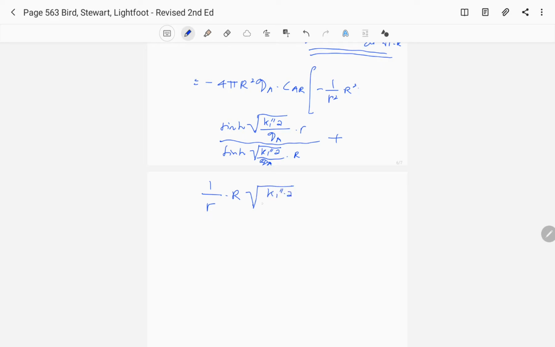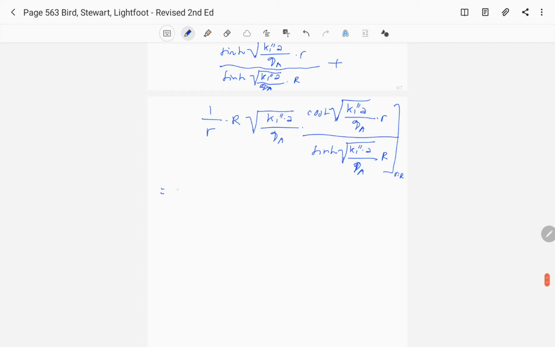K1 prime A divided by dA multiplied by the cosh K1 prime A dA R divided by sinh K1 prime A divided by dA R, and then this one is evaluated at R equal R, and then we can derive further from this.